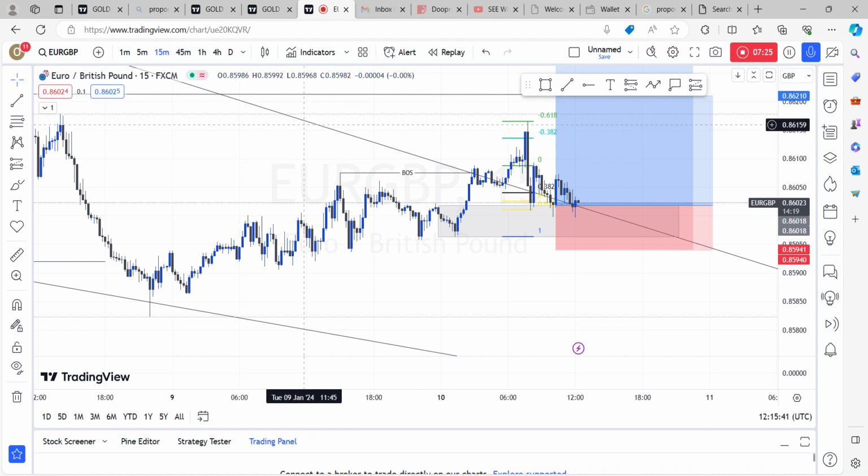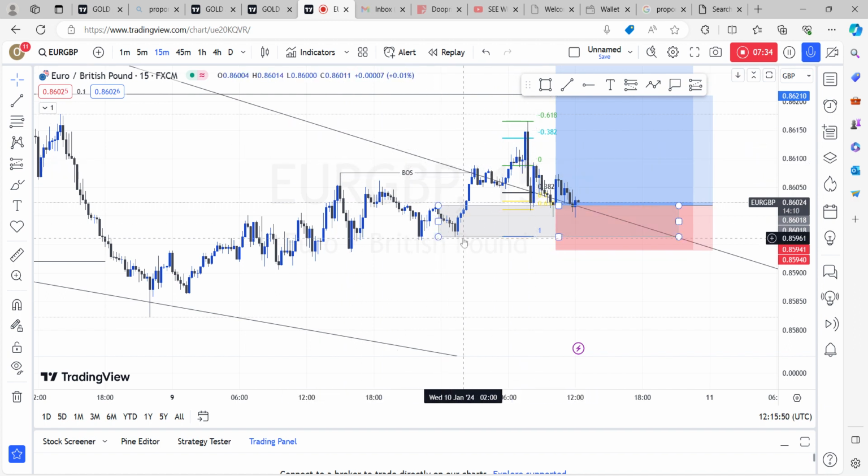Can you see? Don't forget this trend line from the 4 hours time frame. It was broken to the upside, and this structure also was broken to the upside, which is telling us that this low here is very, very strong. This low is responsible for this bullish impulse.